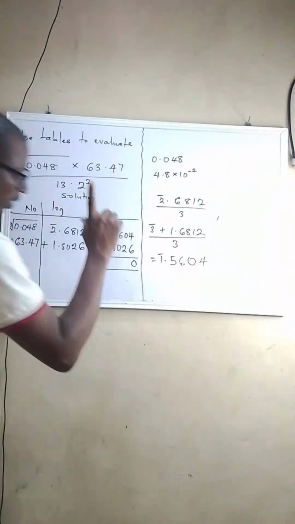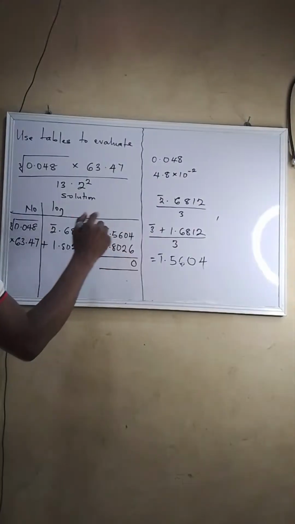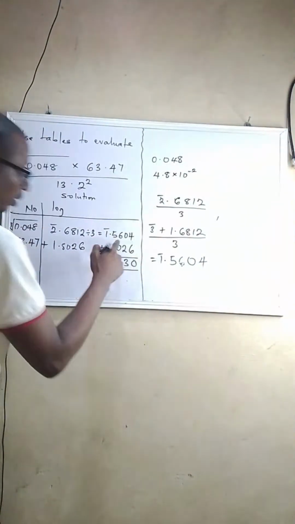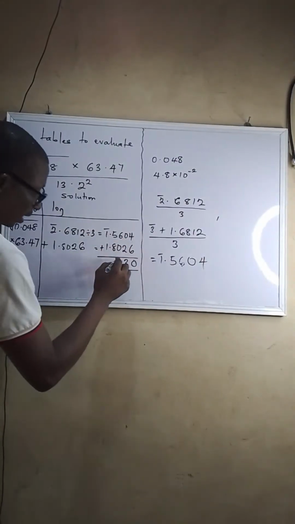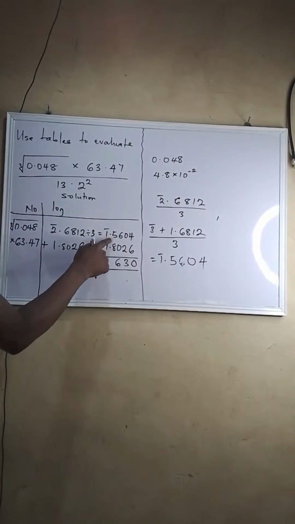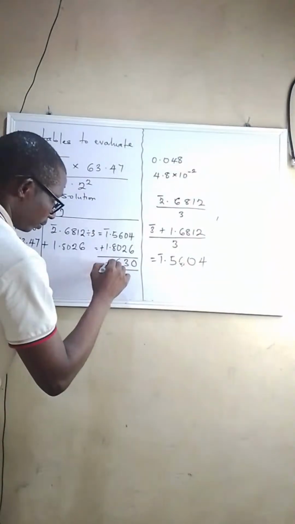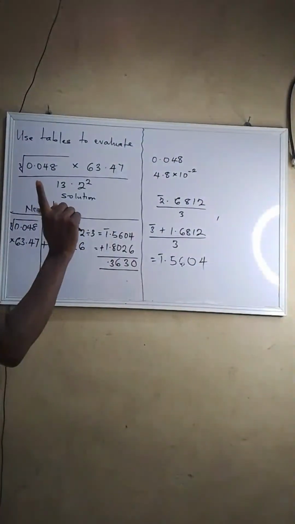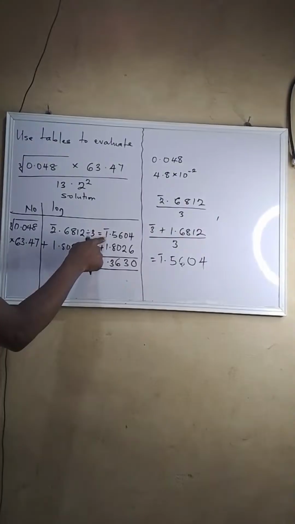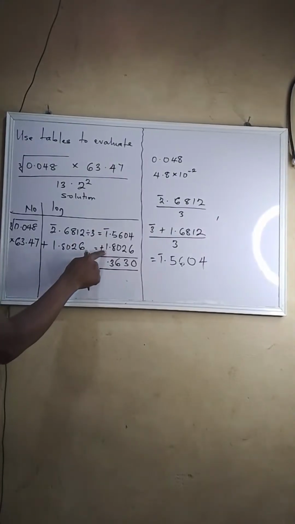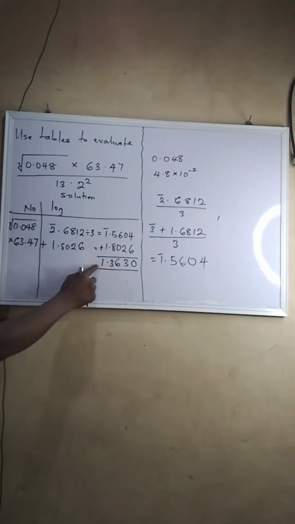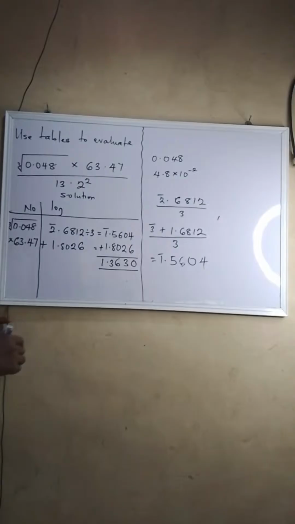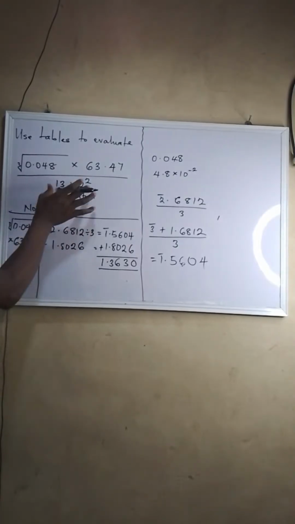You write 0, we have 1. 0 plus 2 plus 1, that is 3. 6 plus 0, that's 6. Now 5 plus 8, that gives you 13. So we have 1, that 1 plus minus 1 gives you 0. We have 1 left here, so we have 1. That means the addition of this is going to give us 1.3630.